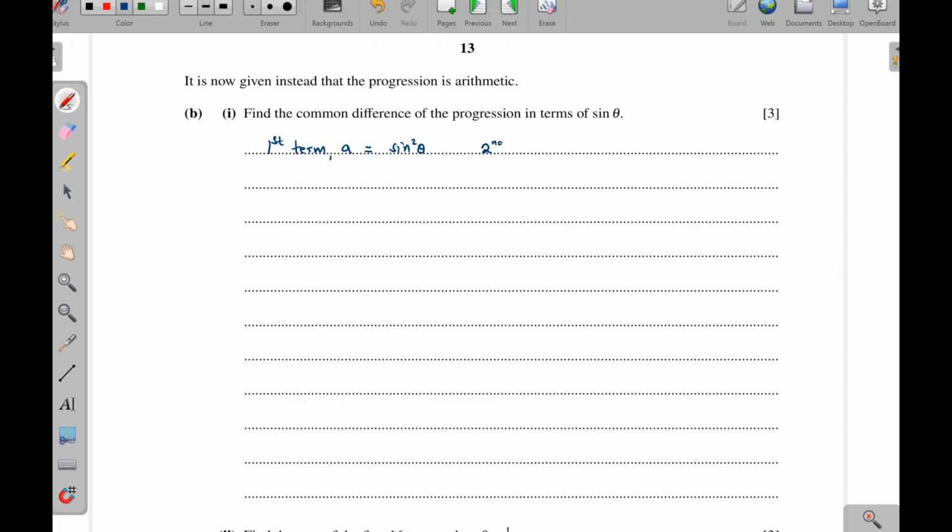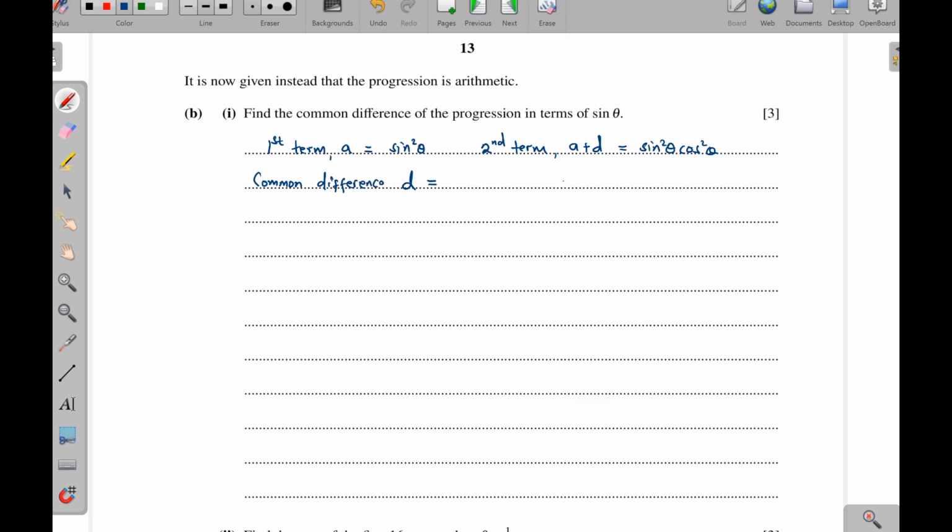Then the second term, which is denoted as a plus d, is sine squared theta cos squared theta. So this will simply imply that this one is now called the common difference.